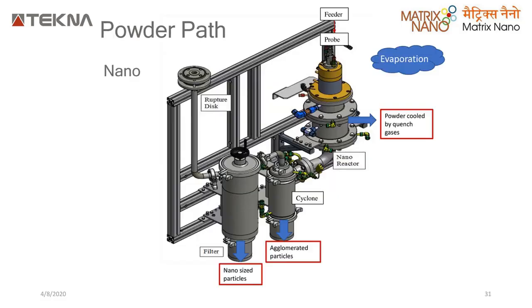Now this is how the whole mechanism of a powder path looks. You feed the powder, it goes in through the torch, evaporizes, and is quenched from the side, which is also known as axial quenching, which we'll be talking about later. Then it is collected in the first cyclone filter, which is here. You have around 200 nanometer particles, which are called agglomerated particles.